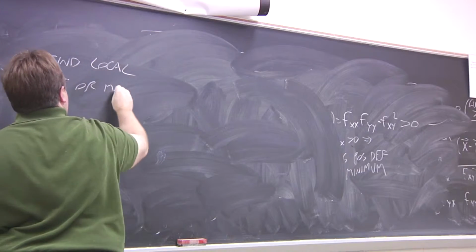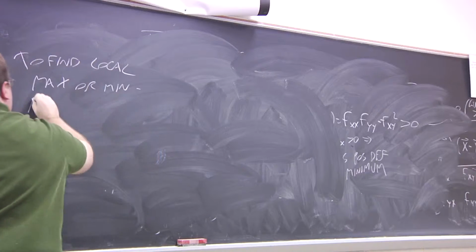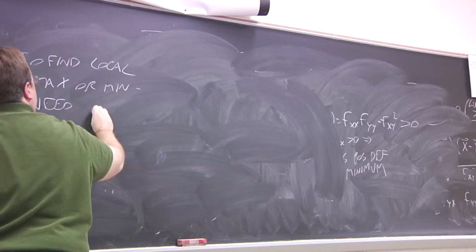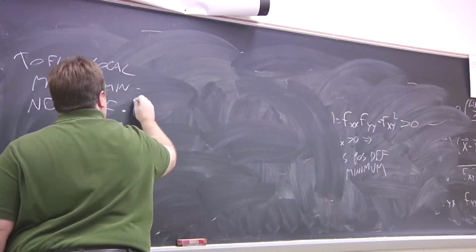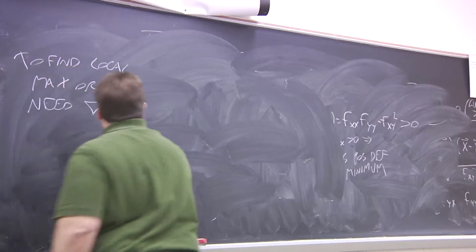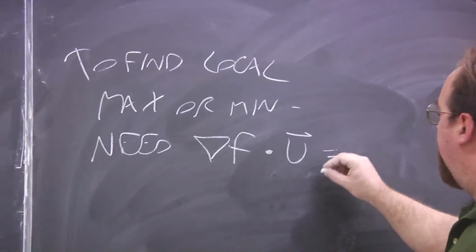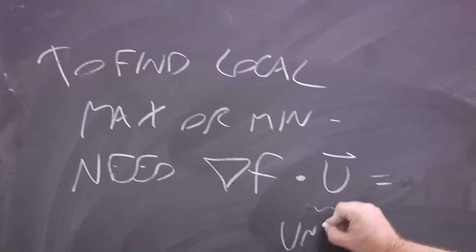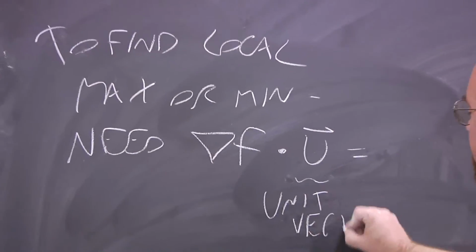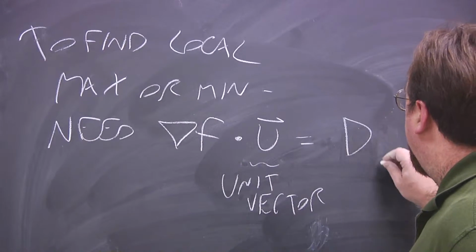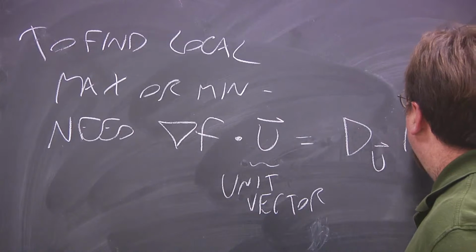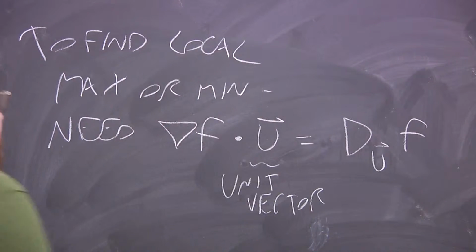So to reiterate one of the points I made earlier, we need the gradient of a function dotted with any vector u, where u is a unit vector, which is the directional derivative of f in the direction of u.